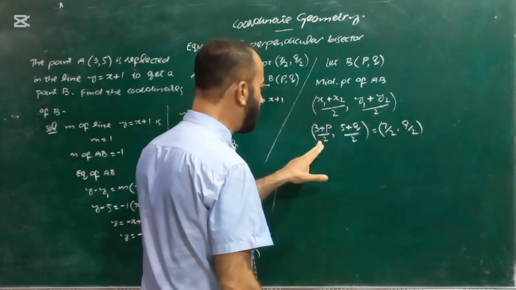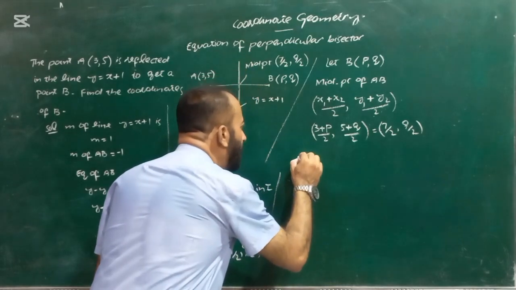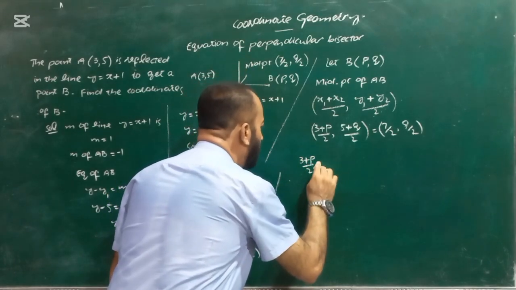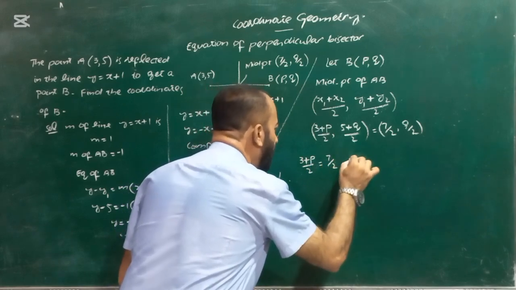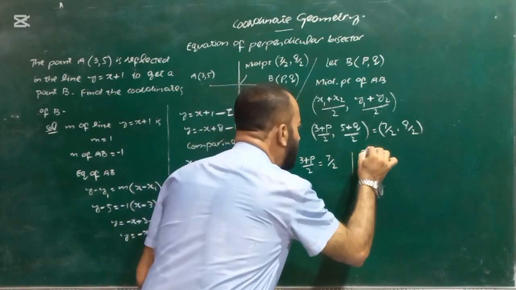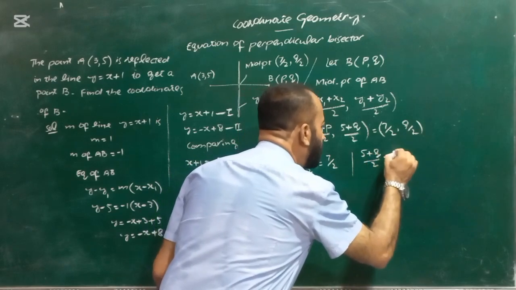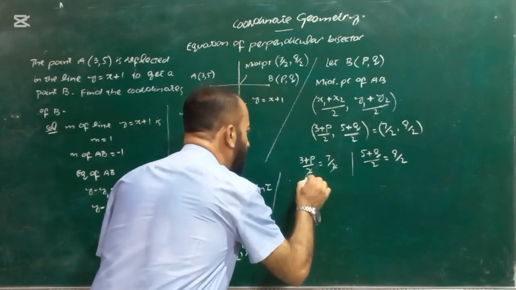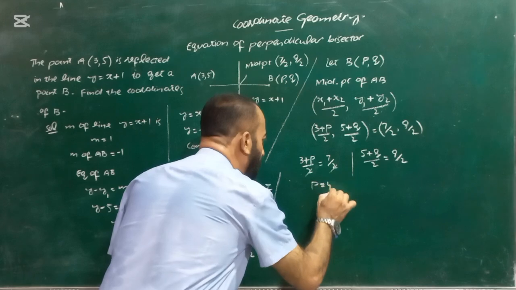So from here, x coordinate will be equal to x coordinate. So it means 3 plus p over 2 will be equal to 7 by 2, and 5 plus q over 2 will be equal to 9 by 2. So solving it, 3 plus p will be equal to 7 and p will be equal to 4.